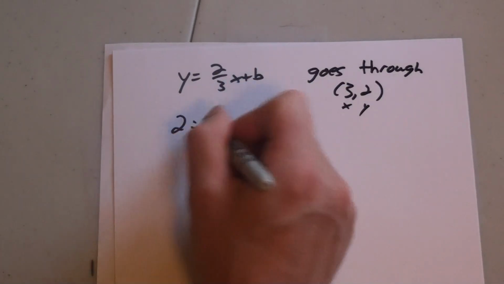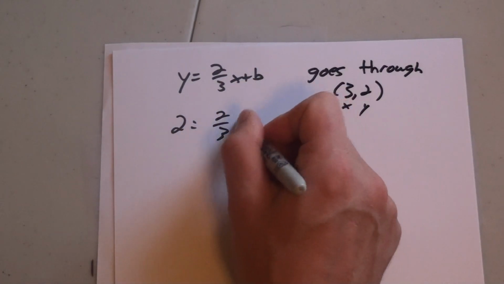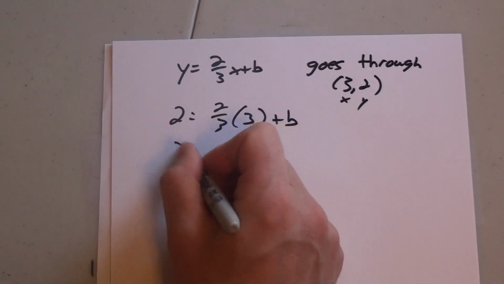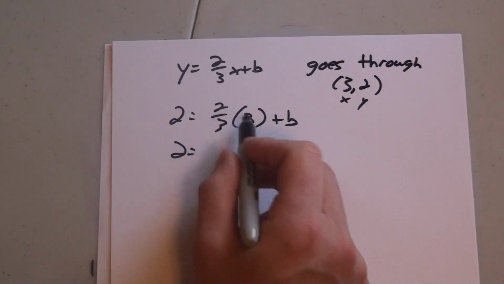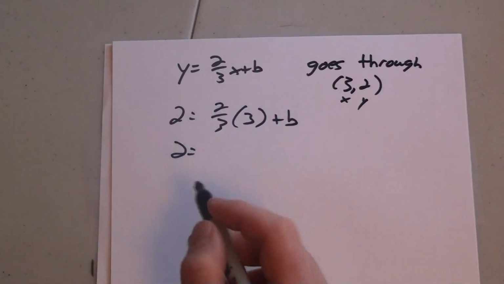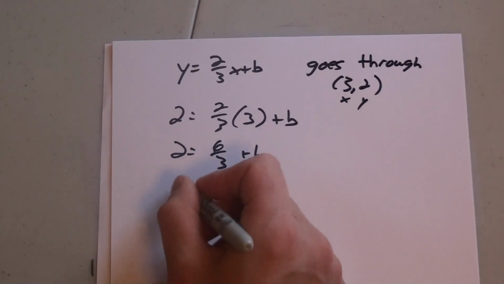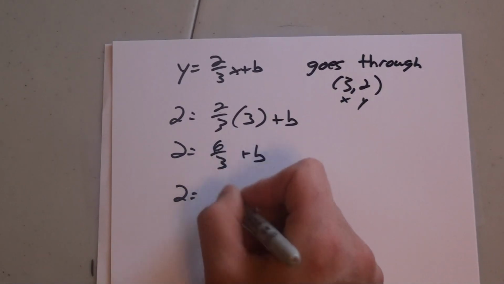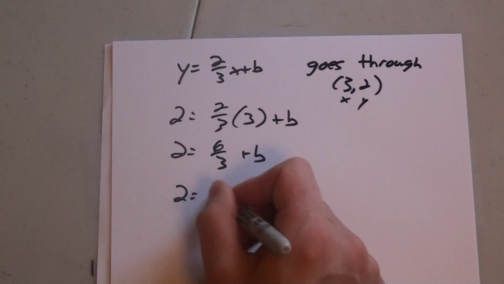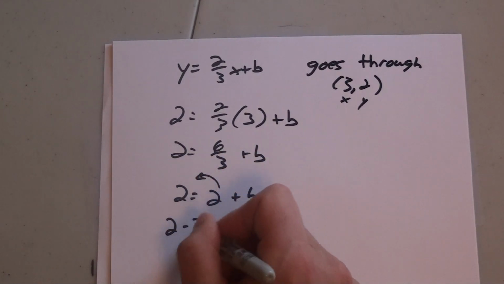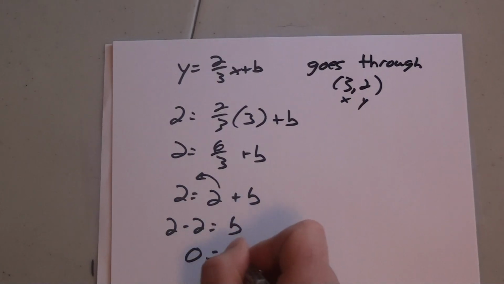So I want to have 2 equals 2/3, my x is 3, plus b. 2/3 times 3, I can multiply the 3 to the numerator, it's going to give me 6 over 3 plus b, which is 2. So 2 equals 2 plus b, take my 2 over the other side and turn to subtraction, 2 subtract 2 equals b, 0 equals b.